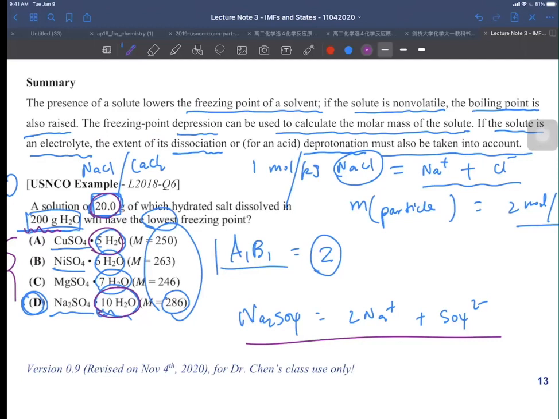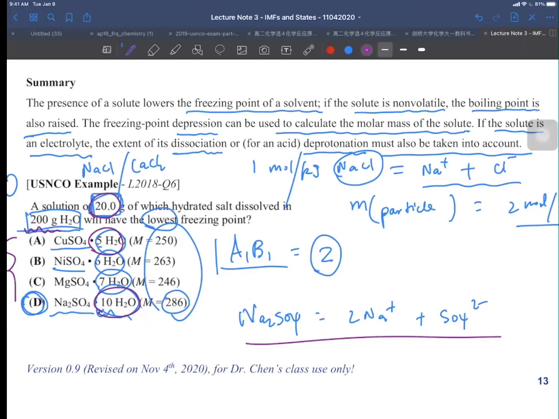That means if the temperature is that low, the water will still be liquid. It will not freeze, right? Adding salt helps the water stay liquid at a temperature like -5 degrees Celsius, right?